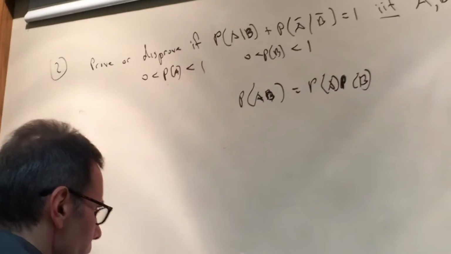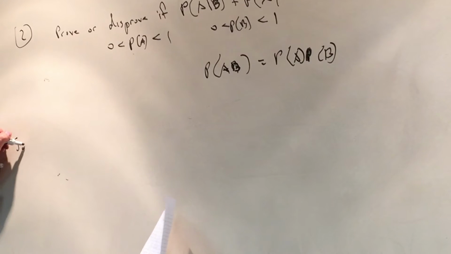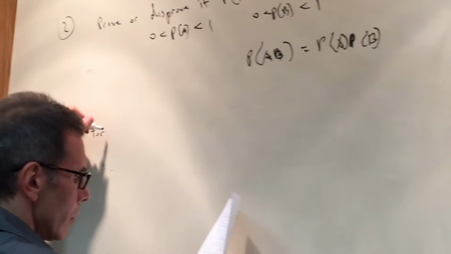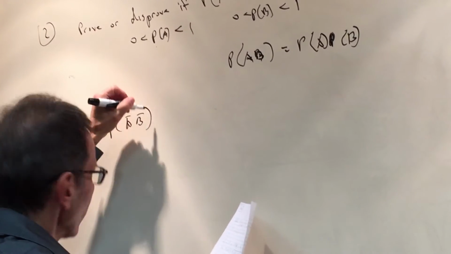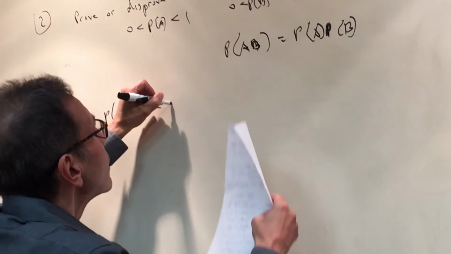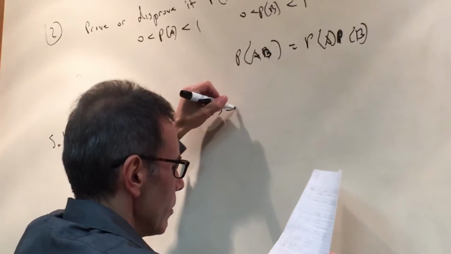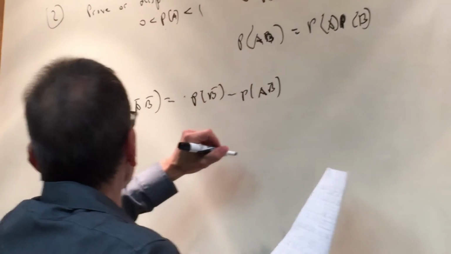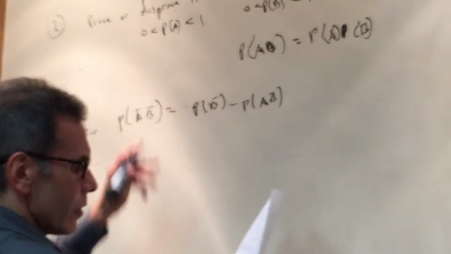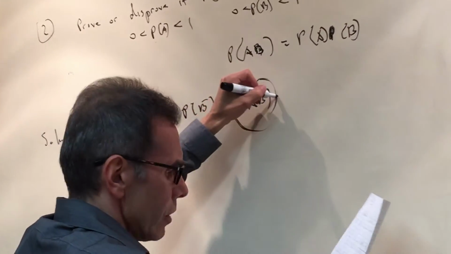Now, all that being said, we need to solve for the probability of A bar B bar, which is equal to the probability of B bar minus the probability of A intersect B bar. And from here we have to use some identities.